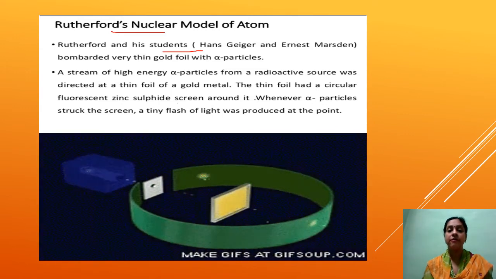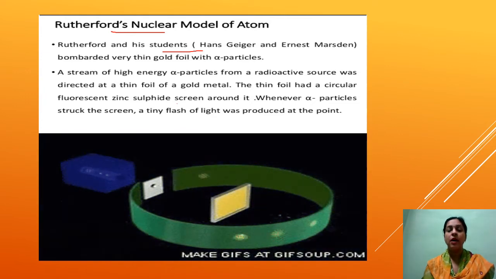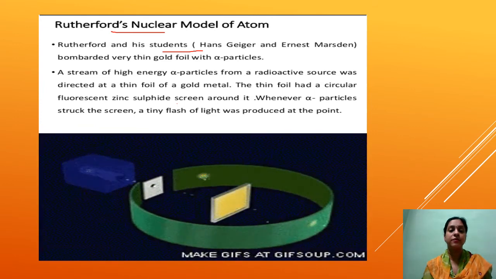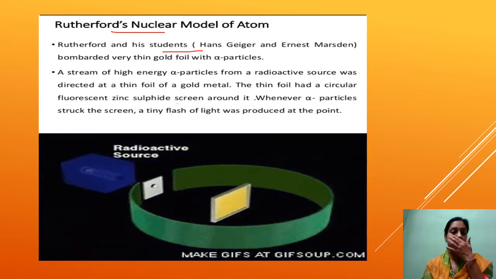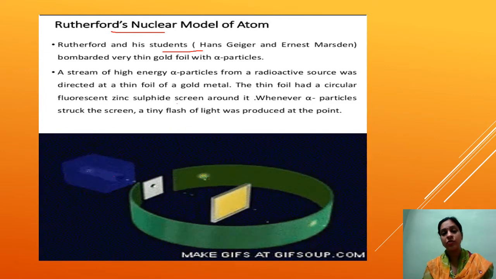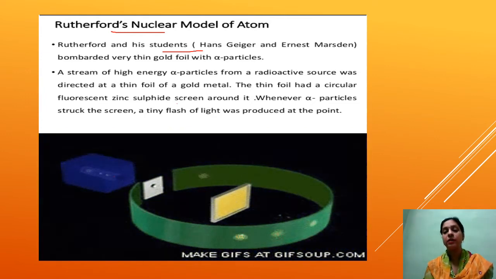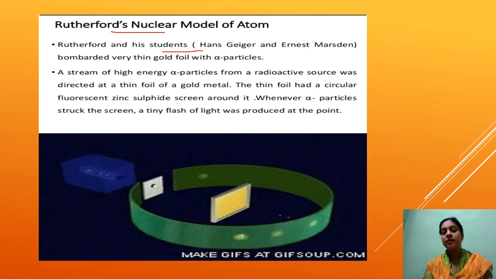Just have a look here, this is the gold foil, and there are the alpha particles. This is the radioactive source. ये radioactive source था, and it passes through the slit. तो जब ये रेज यहाँ से इस स्लिट से पास होकर इस गोल्ड फॉयल पर पड़ती थी, ये देखिए बेटा, पीछे एक जिंक सल्फाइड की स्क्रीन थी.